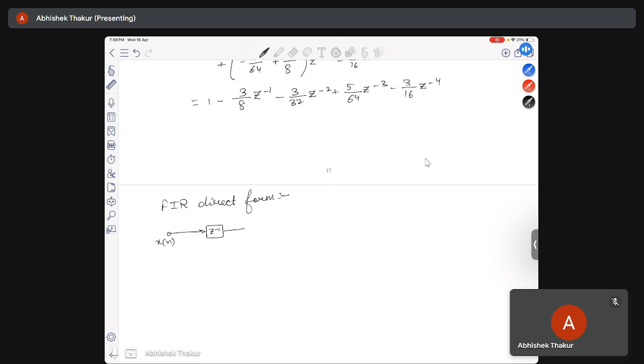So x(n - 1) is having the multiplier constant -3/8. Then z^-2 is having -3/32. z^-3 will have 5/64.